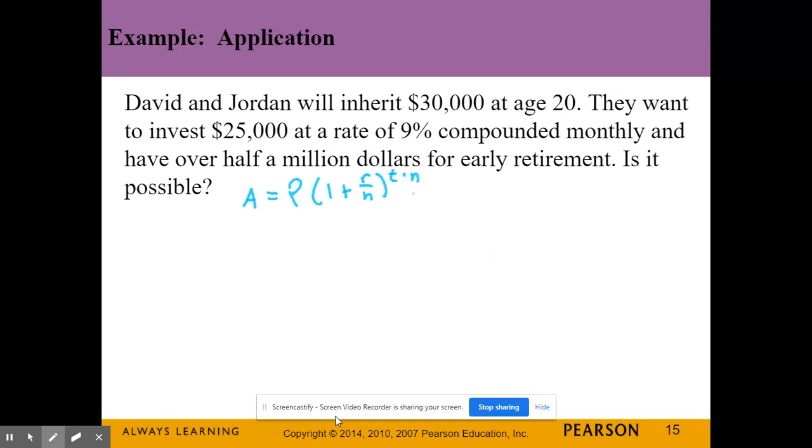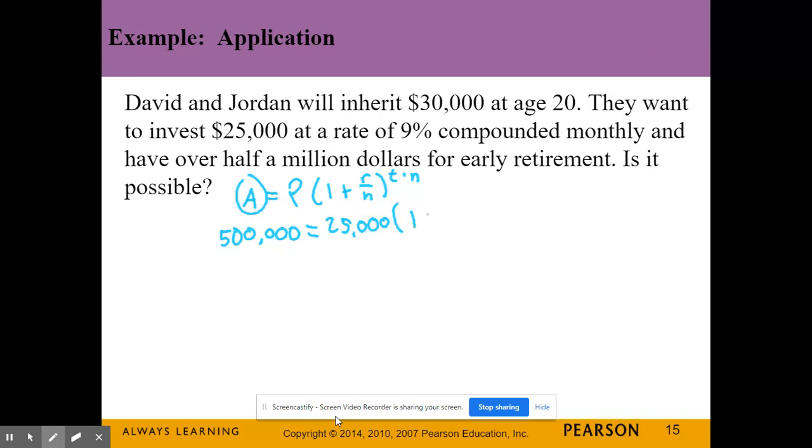Most of this information we know, right? They want $500,000, so that's the A value. They are starting with $25,000. They're investing $25,000. That's the principal.